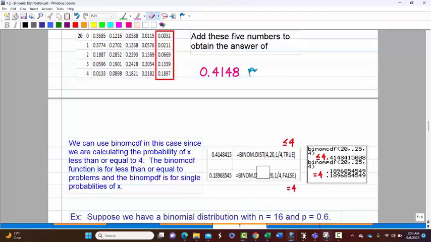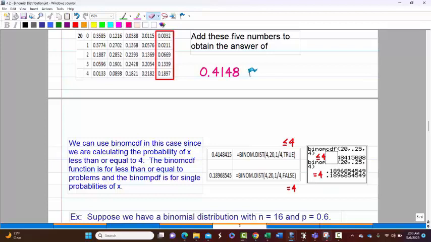Now false, so true means less than or equal to 4. False means just equal to 4. So check out this number right here, the 0.189 and so on. That's the number right here at the very bottom, because that's the number for exactly 4. But see, the true adds up 4, 3, 2, 1, 0, boom, adds them all up. Same thing in the calculator.